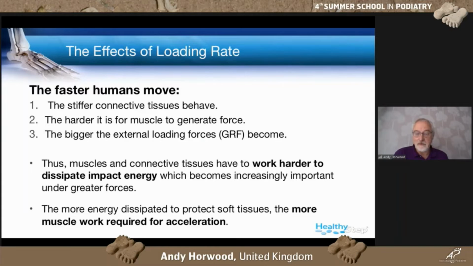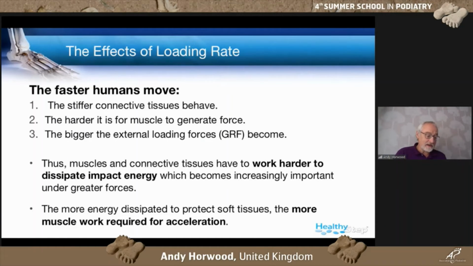That is, muscles struggle to form bonding sites across their actin and myosin fibrils if the rate at which they have to contract is very fast. They're able to form more of these at a slower contraction rate. This means at faster loading rates, the ability of muscles to dissipate energy and the power they generate for acceleration is compromised. So the faster you walk, the harder your muscles have to work.